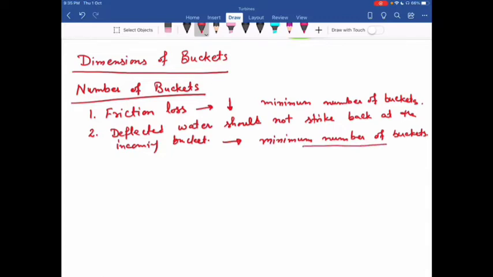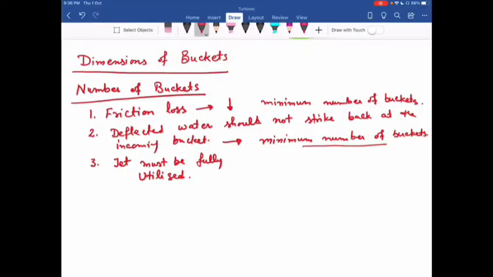Another factor is that the available jet must be fully utilized. The jet available with us should be fully utilized. If we want to use that jet fully, this factor says we should have a maximum number of buckets.